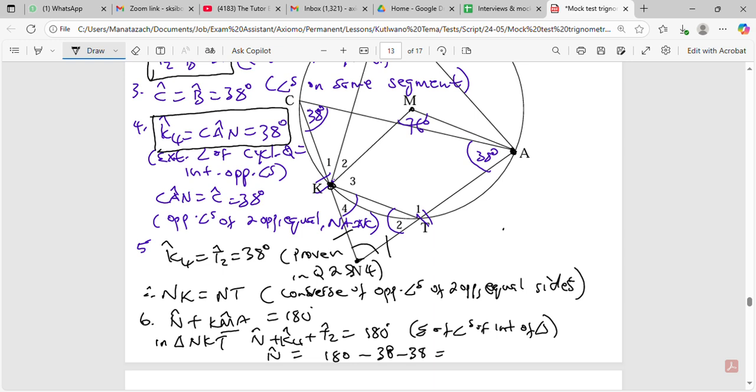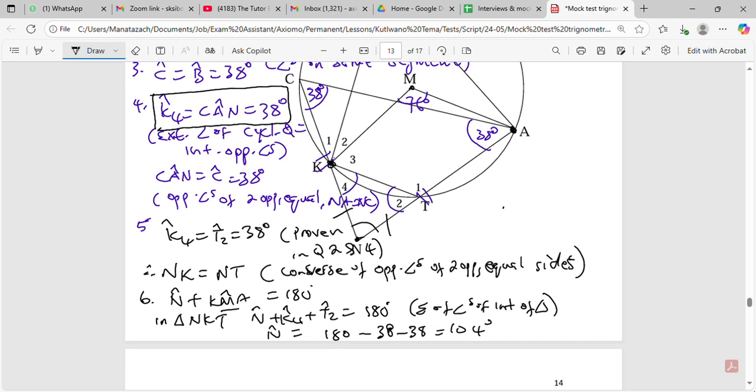Minus 38, so that's 104, right? Angle N is equal to 104. So now let's see, since angle N is 104, if you add 104 plus KMA, which is 76, does it give us 180? Absolutely, it gives us 180 degrees, right?